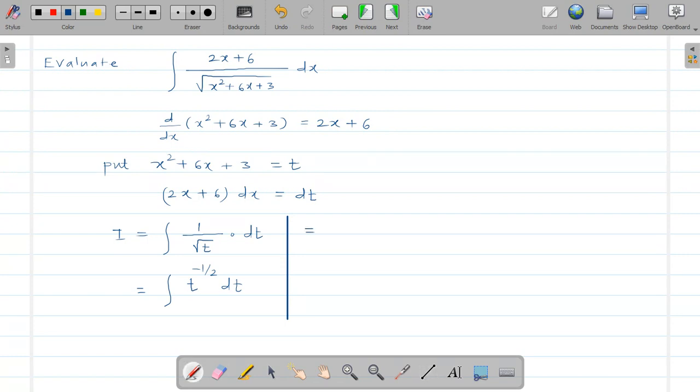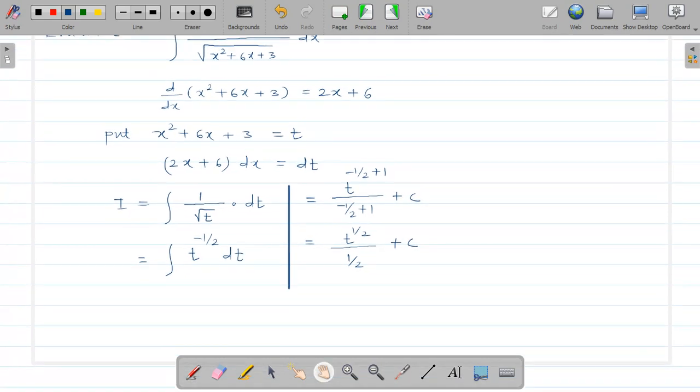So hence we get t raised to minus 1 by 2 plus 1, divided by minus 1 by 2 plus 1, plus constant. That is, t raised to minus 1 by 2 plus 1 means t raised to 1 by 2, upon 1 by 2, plus constant.